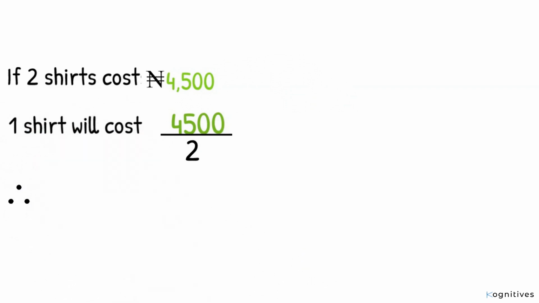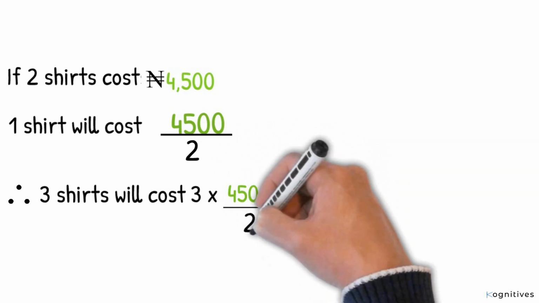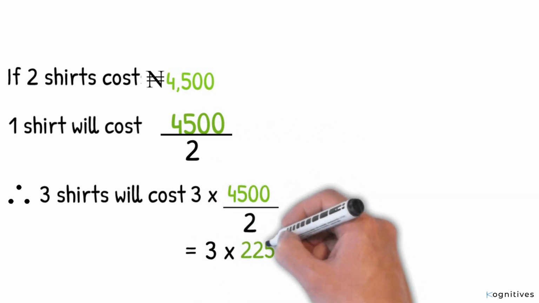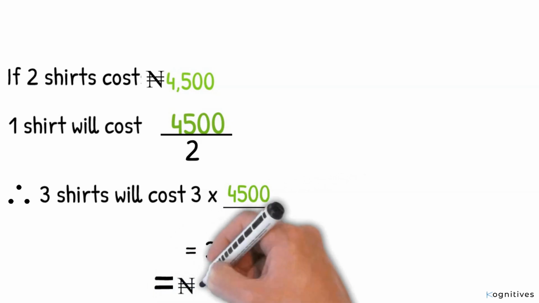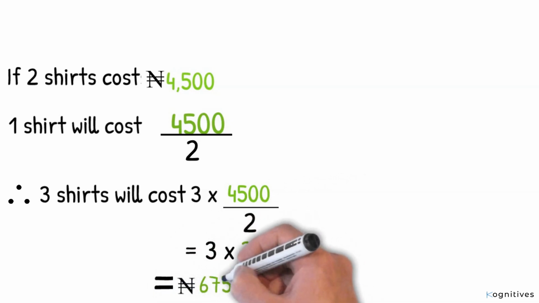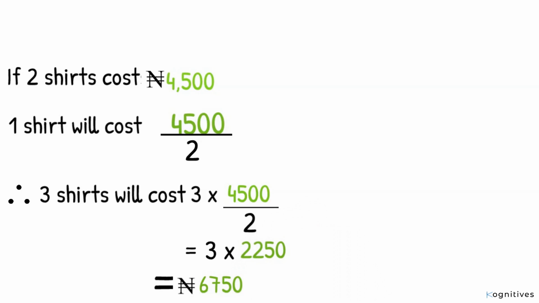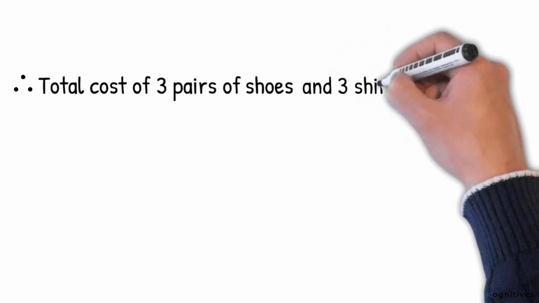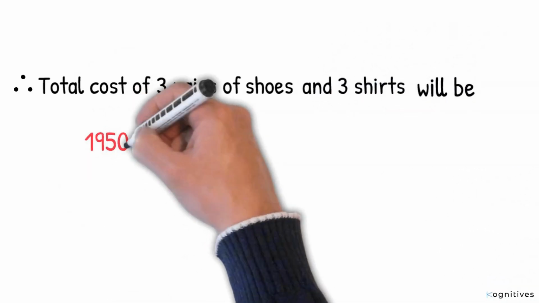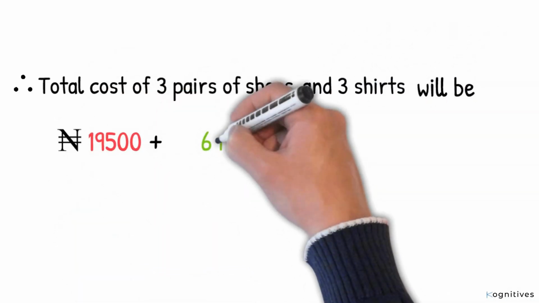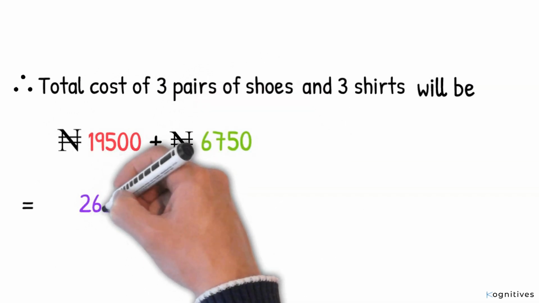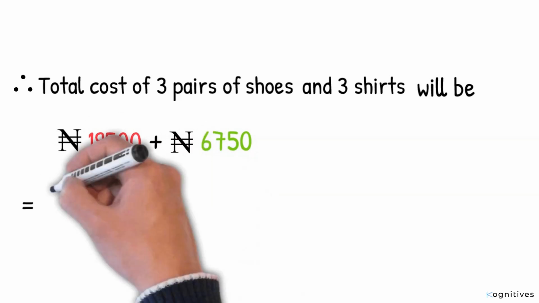Therefore, three shirts will cost 3 times 4,500 over 2. And that will give me 3 times 2,250, which will give me 6,750. Therefore, the total cost of 3 pairs of shoes and 3 shirts will be 19,500 naira plus 6,750, which will give me a total of 26,250 naira.